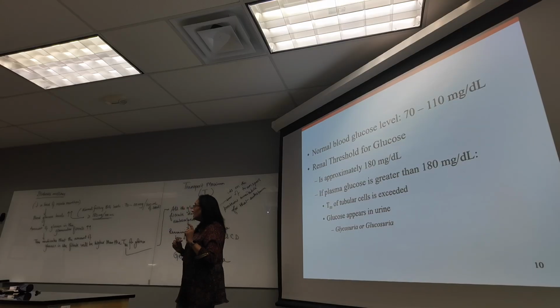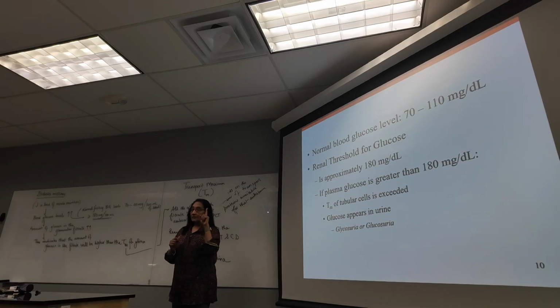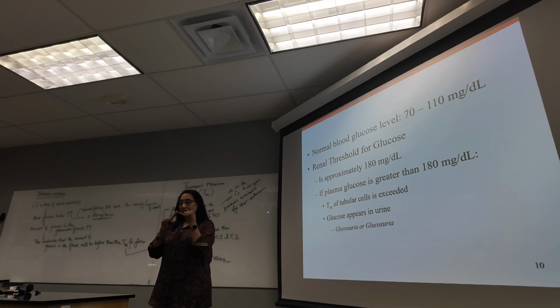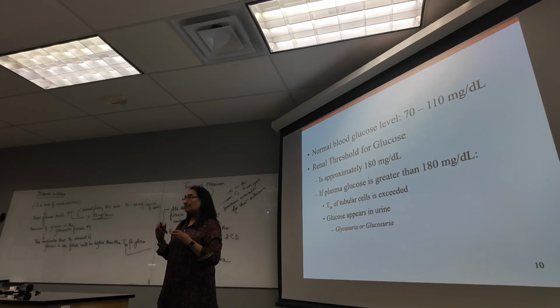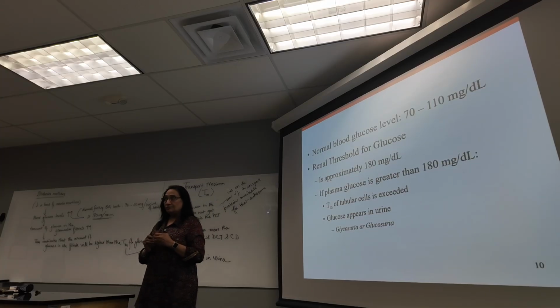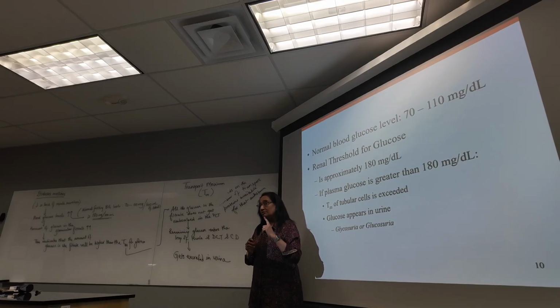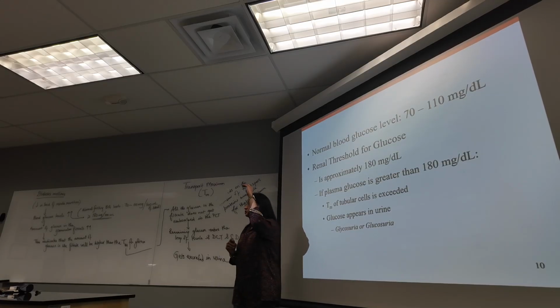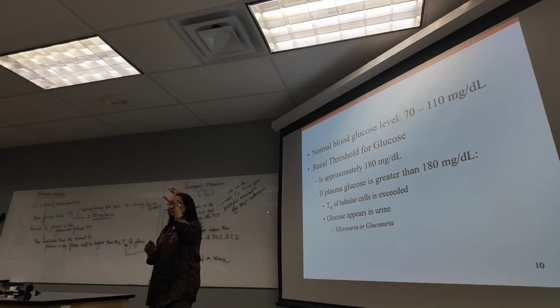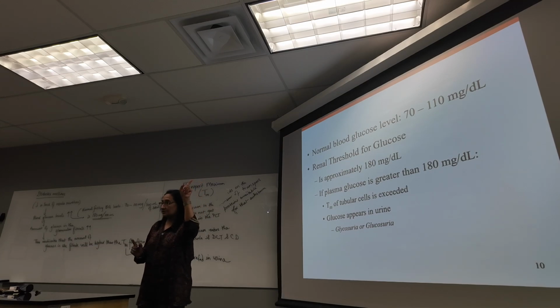So here I would like to emphasize something. If you test urine and you find plasma proteins in it, you find albumin, globulin in it, you know that plasma proteins don't get filtered because they are too large. So if you find proteins in urine, one likely cause is that the nephron is damaged.